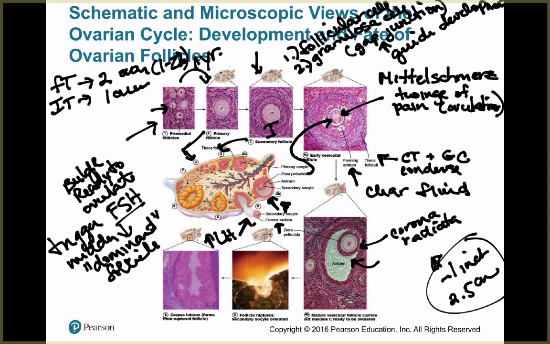So in this luteal phase, after ovulation ruptures and the follicle collapses, the antrum will fill with clotted blood. And you can see where ovulation is happening here.